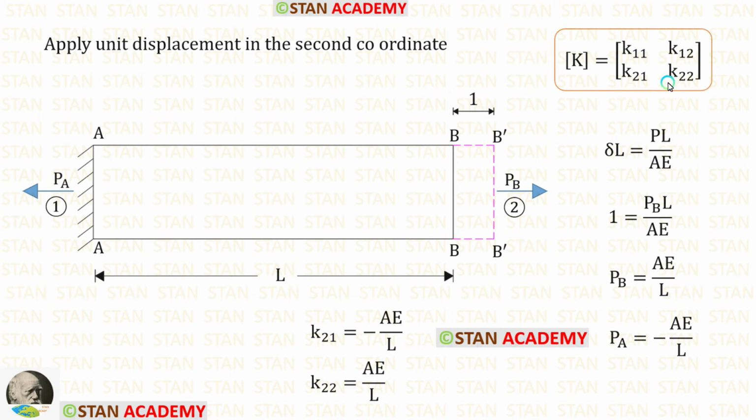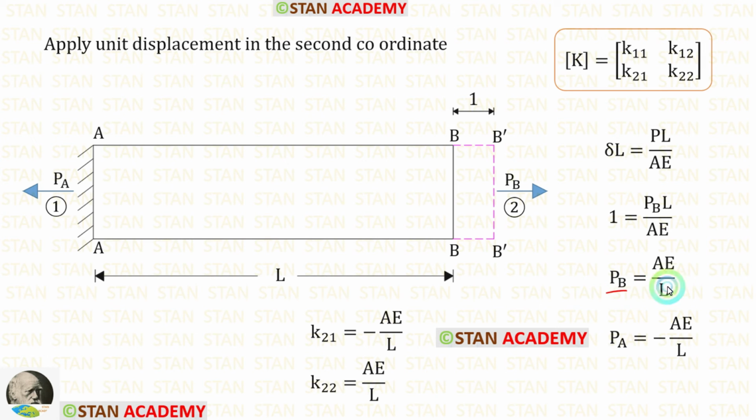Now let us find K22. For that, we have to find the load PB. We know the formula to find the change in length, which is PL upon AE. Here, change in length is 1, P is PB. We can take L upon AE to the other side. It will come inversely.